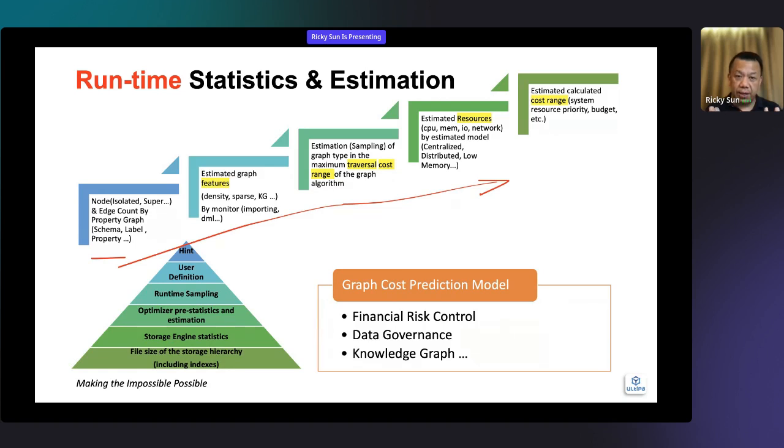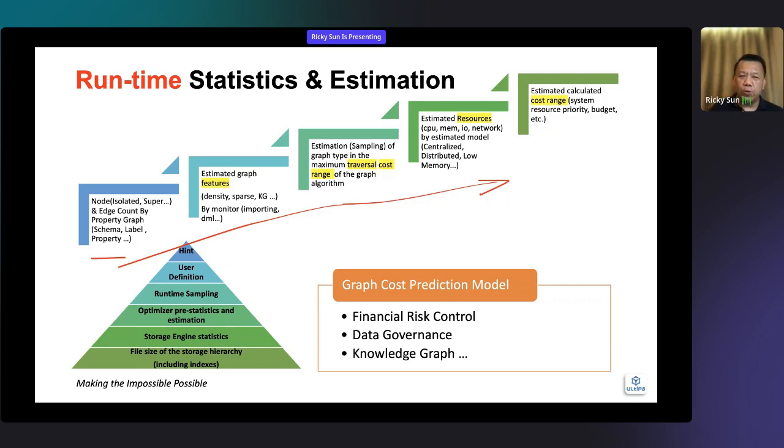But it could be difficult to really understand how many nodes are isolated there, how many supernodes are there. But we should be able to know that, because when the data is ingested into the graph database, it was ingested node by node, edge by edge. So we should have that kind of basic knowledge.